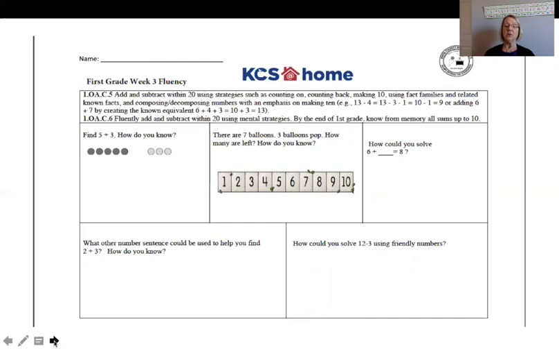Okay, you can use one of the strategies of adding on. And then it says, how can you solve 6 plus something equals 8? And I think that you could use one of the strategies that we've talked about. All right. And down at the bottom, it says, what other number sentence could be used to help you find 2 plus 3? And how do you know? And then how can you solve 12 minus 3 using friendly numbers?